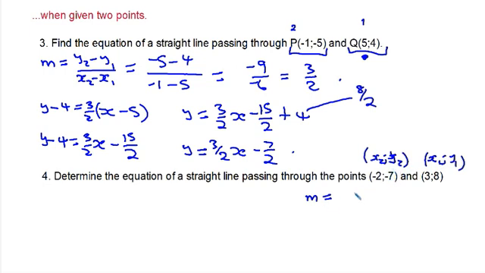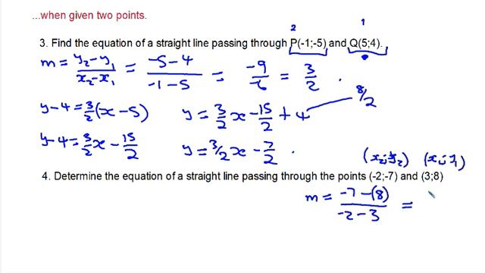So my y2, negative 7, minus my y1 there, which is 8, and then this is y2 minus y1 over x2 minus x1, and then my x2 now is negative 2 minus the x1 there, which is 3.